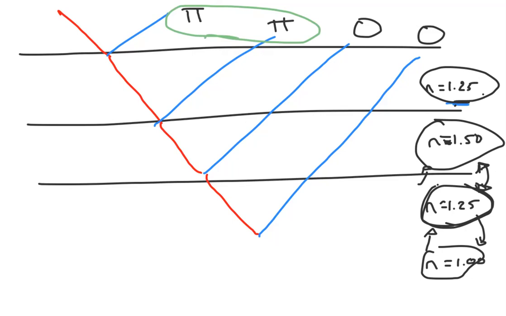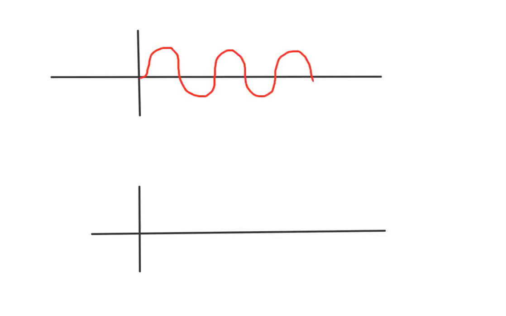What do constructive and destructive interference mean? What does constructive interference mean? When two waves are what?